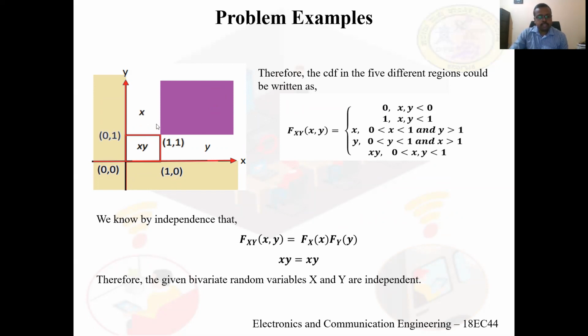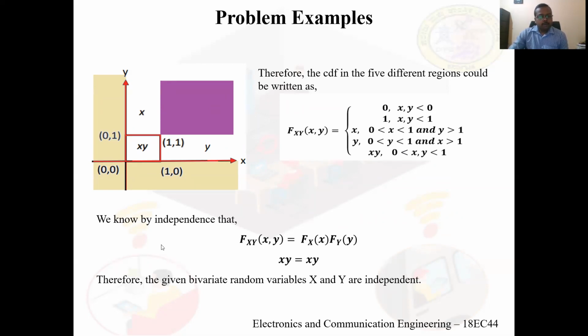You can see here it is x, and for x greater than 1, this is equal to y, and between the range 0 to 1 for x and y, this is equal to xy here, right?